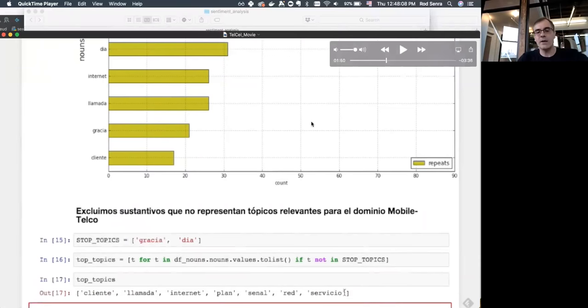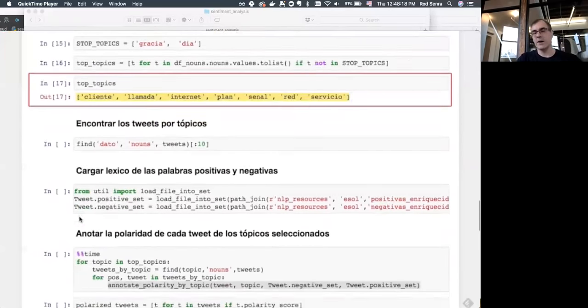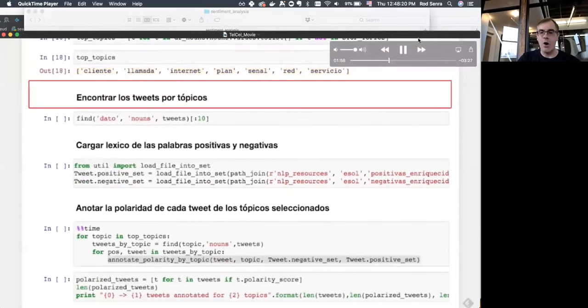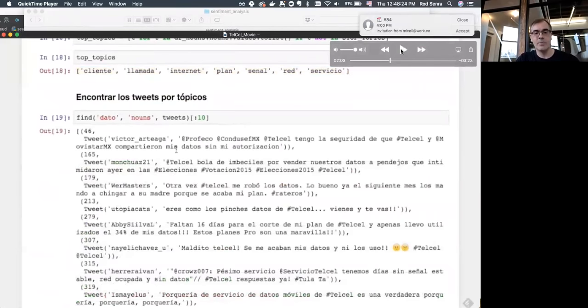We're filtering out "thank you" and "they", because we're not interested in those. And then we have the topics that we are kind of interested in: network, signal, service, internet, call, things like that. And then it comes time for us to start thinking about the sentiment analysis part.